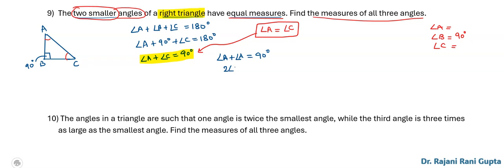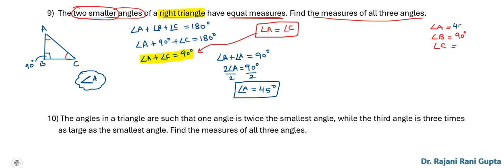So 2 times angle A is equal to 90 degrees. See, we write like this to denote angle, and then inside we write the name. Just for your information. So dividing both sides by 2, we get angle A is 45 degrees.